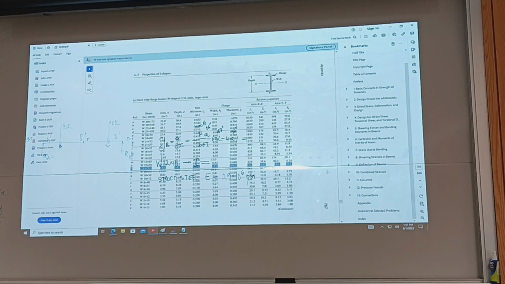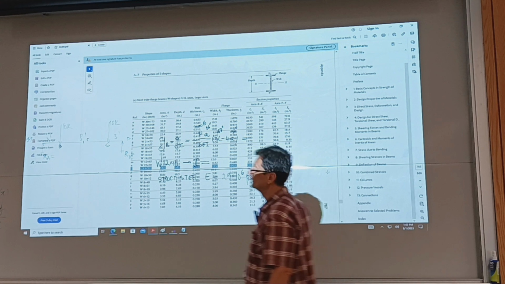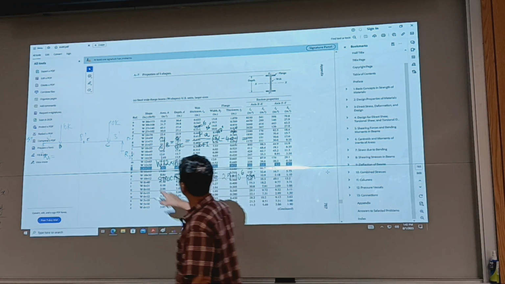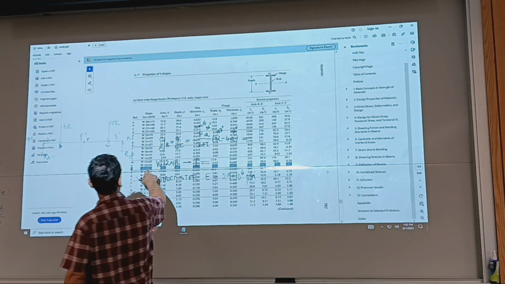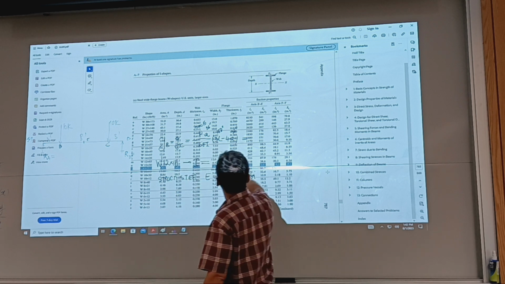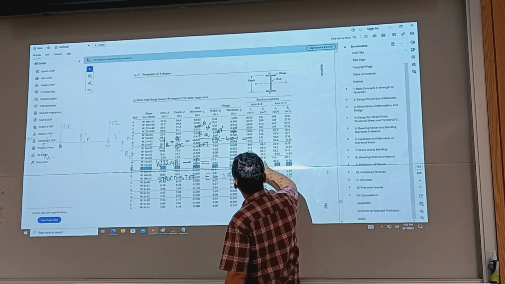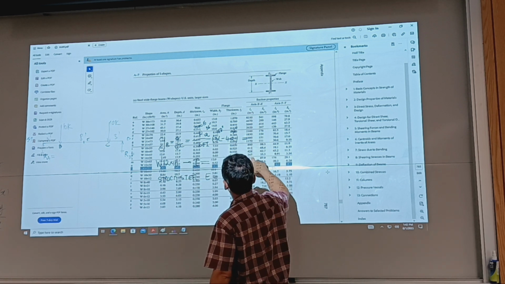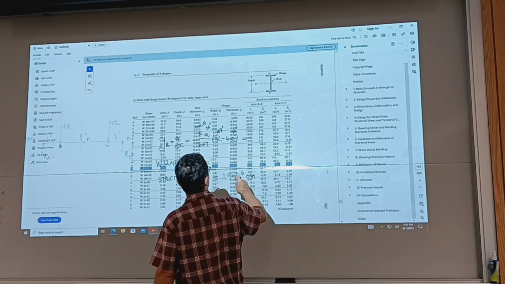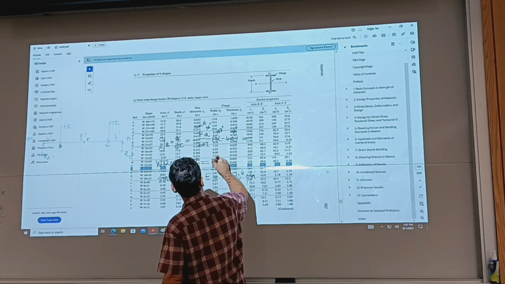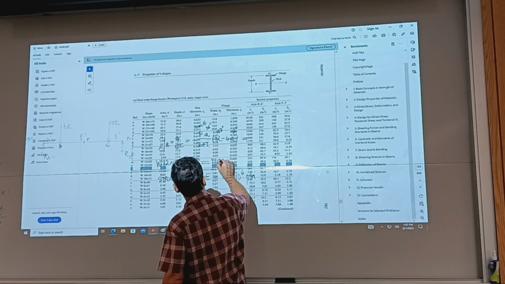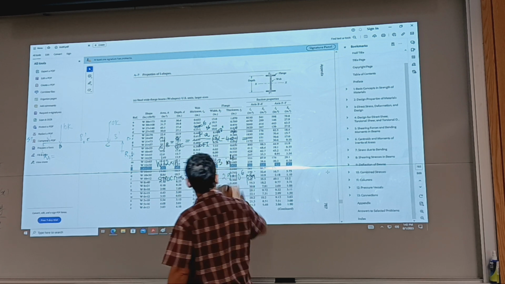So of the whole information here, we need I, what value do we need? Let me see if you follow. You have the book in front of you. So we identified ours, W12x16, and we are going to use the Ix value. This is what goes here. So that's 103 inches to the power 4.